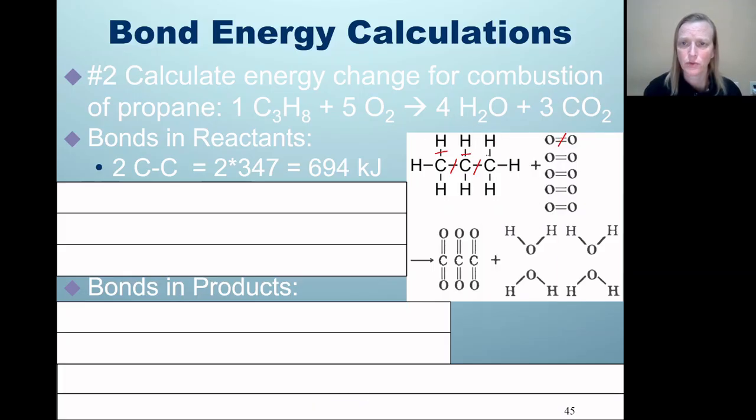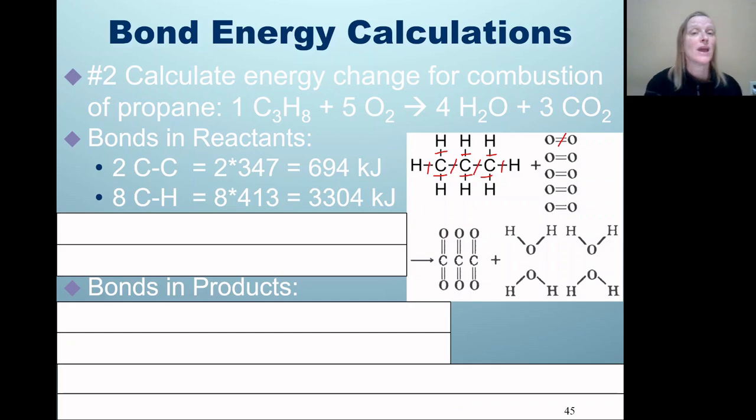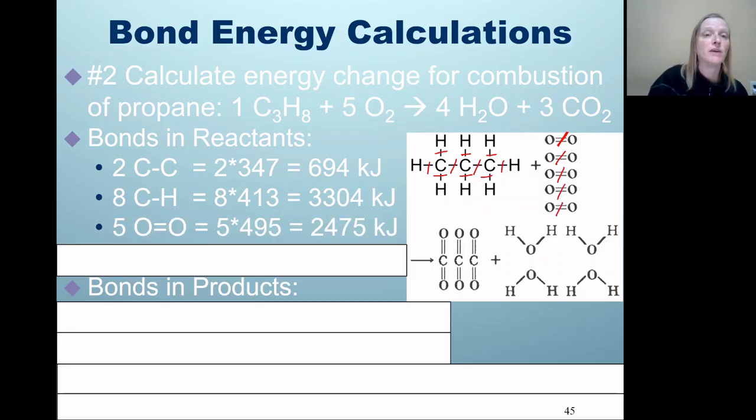1, 2, 3, 4, 5, 6, 7, 8 carbon-hydrogen single bonds. So 8 times 413 is 3,304. And now I can come over and cross out the oxygen-oxygen double bonds. 1, 2, 3, 4, 5 of those oxygen-oxygen double bonds, which have an energy of 495.